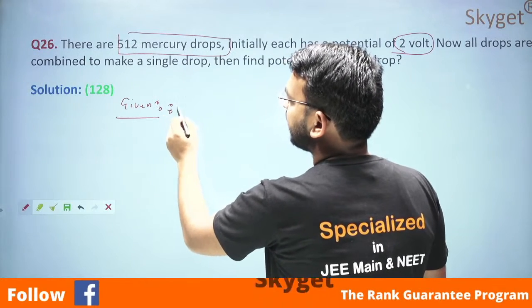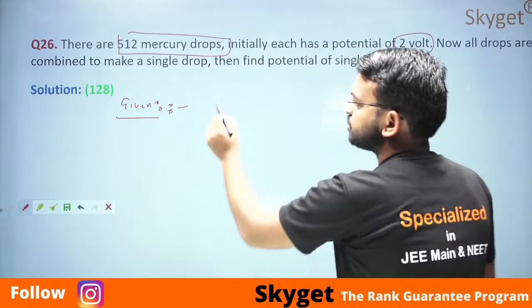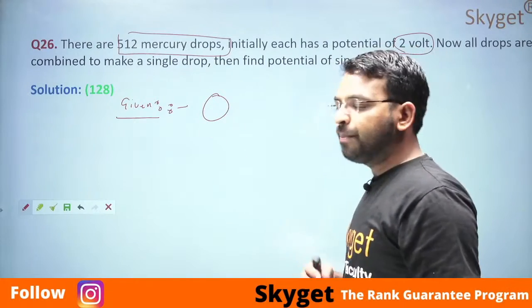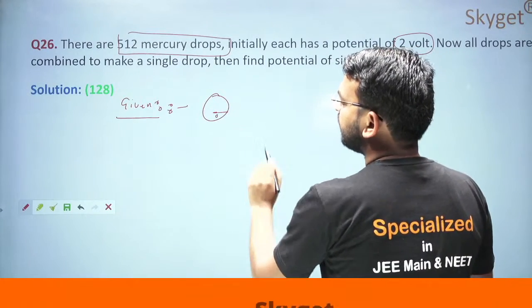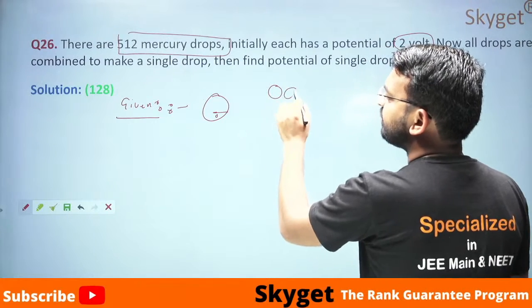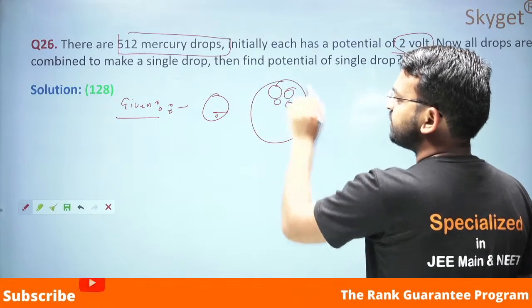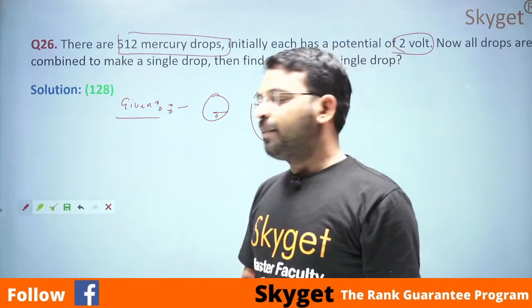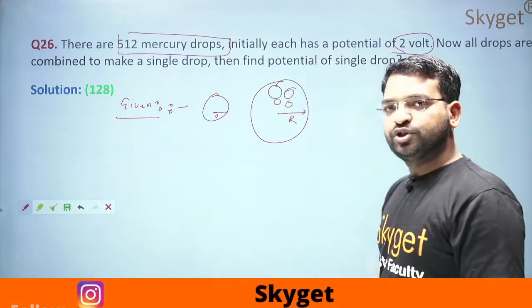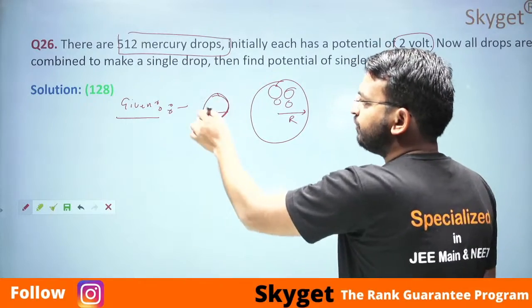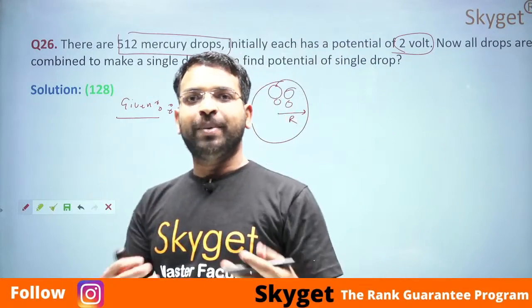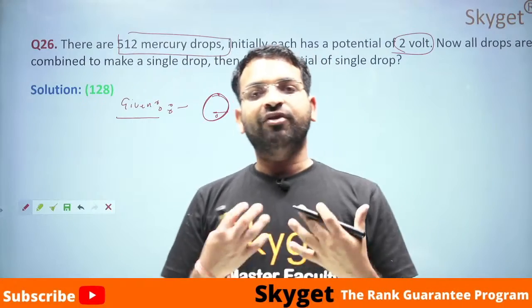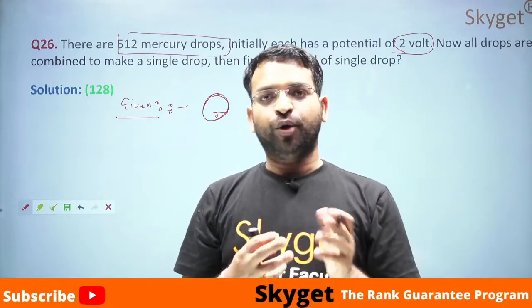Let's suppose one drop has radius r, and if you combine all these 512 drops, there will be one big drop which has radius capital R. Now the space taken by 512 drops will be equal to the one big drop.